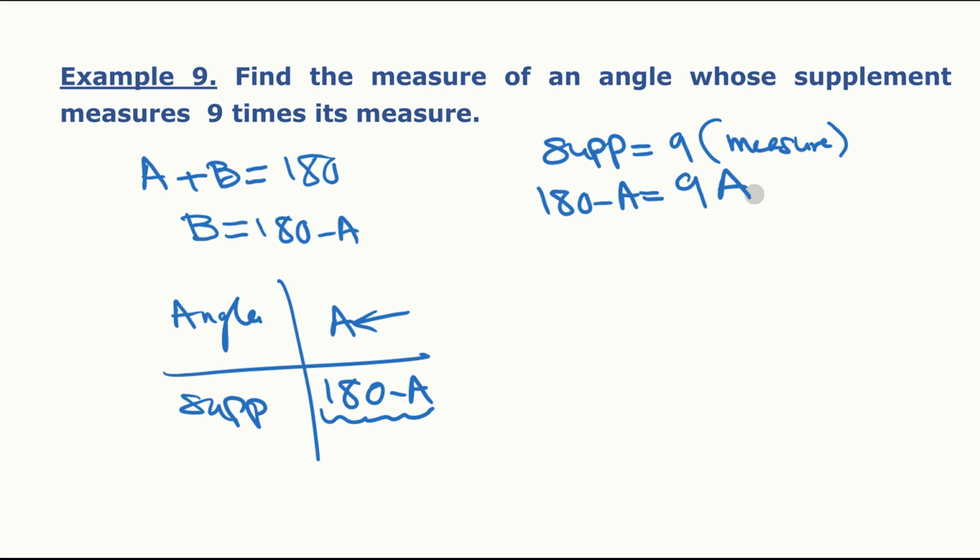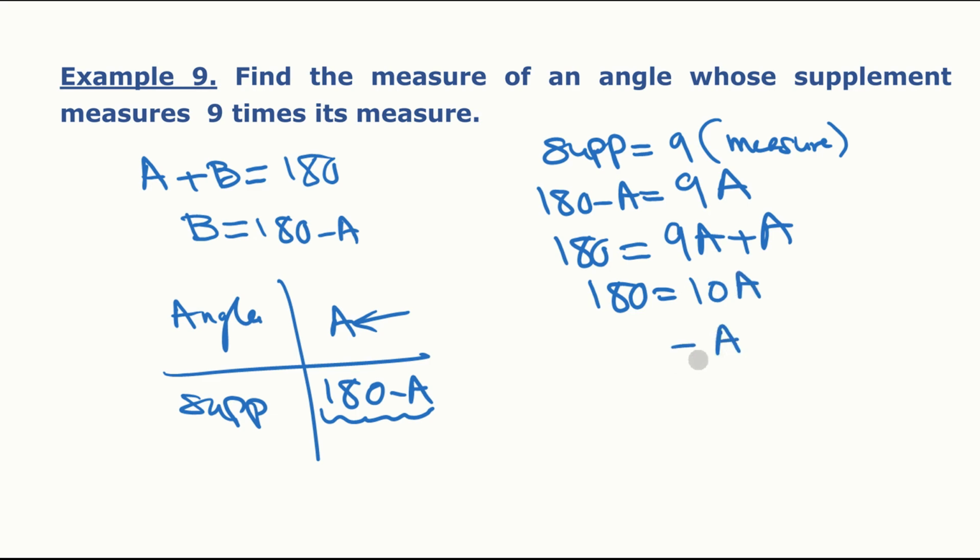So you just have to solve this. So you get 180 equals, move the negative A to the other side. Change sides, change signs. So it becomes plus A. So we get 180 equals 10A. So A equals 18. And that's all we needed to find, the measure of the angle, right? So we are basically finished. All right, and that's that.